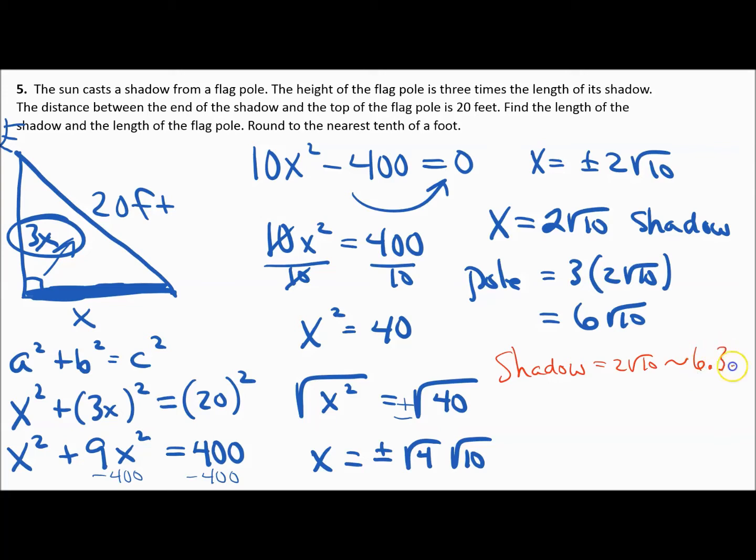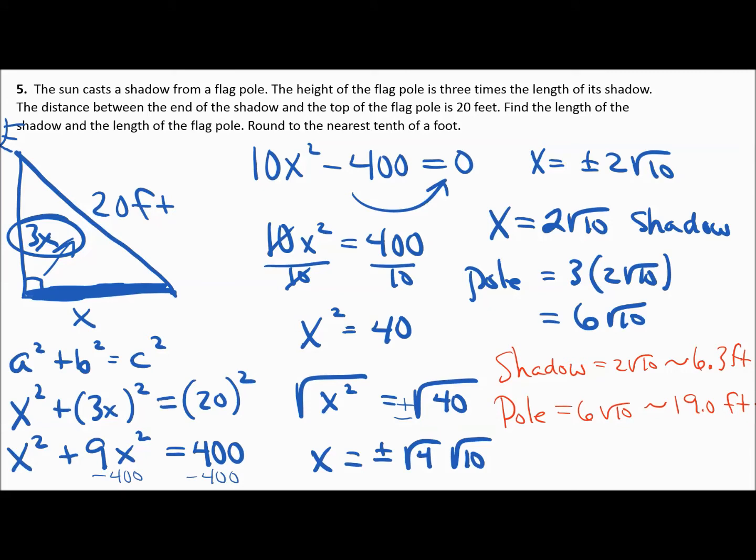So it's 6.3 feet. On the other hand, the pole, remember, was 3 times the shadow, or 3 times 2 square root of 10, which is 6 square root of 10. I type that in my calculator, and I get 18.9736, but I have to round that to 19.0 feet because it wanted it, again, to the tenths place.